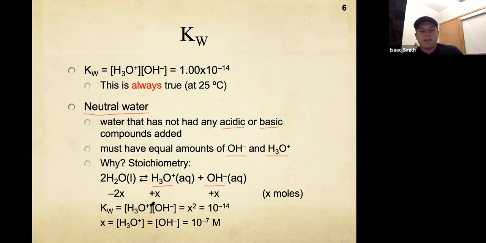So if we know these are equal, we could represent these as x and say x squared equals 10 to the negative 14. Do some algebra and we find that when water is neutral, so it has no acidic or basic compounds added, the hydronium concentration and the hydroxide concentration are equal, and that concentration is 10 to the negative 7 molar, okay?